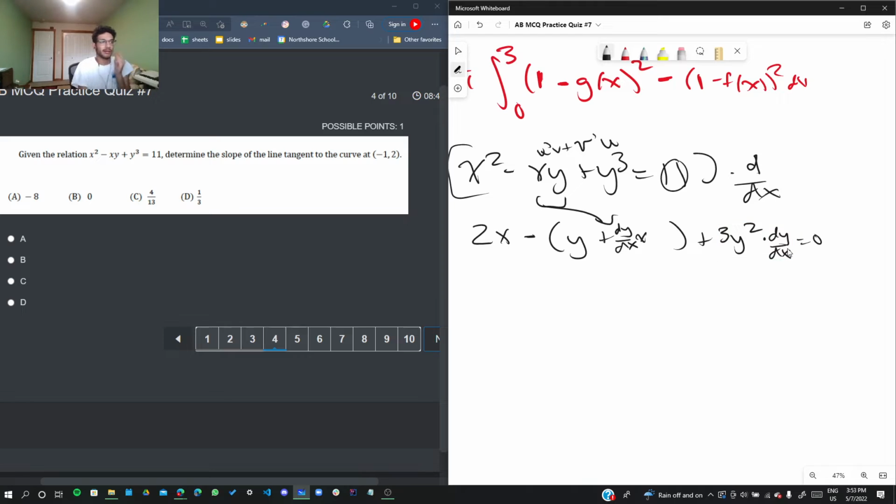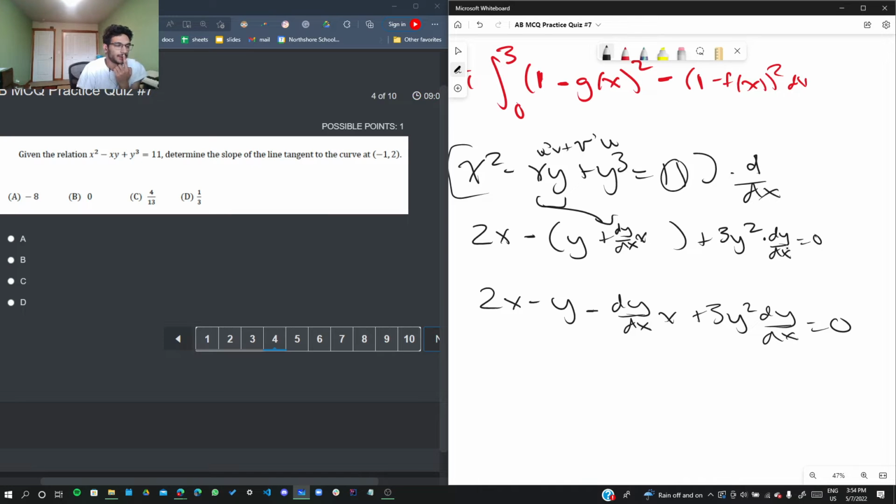All right. So now we need to determine dy dx. So I'm just going to expand. Just distribute the negative 3y squared dy dx with a 0. I'm going to move all the terms without dy dx to one side.